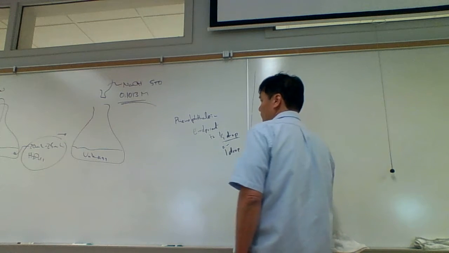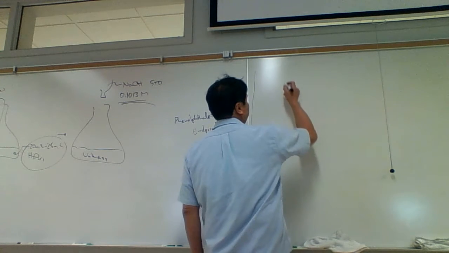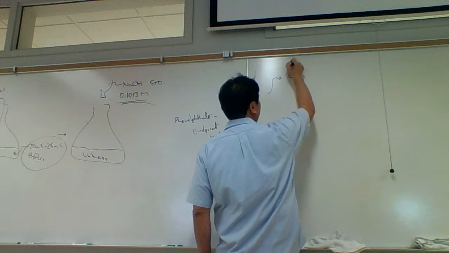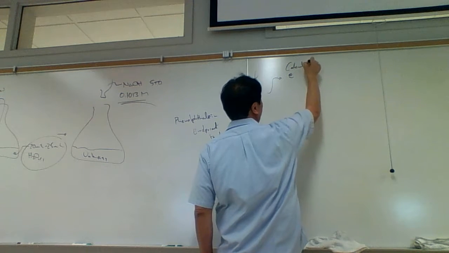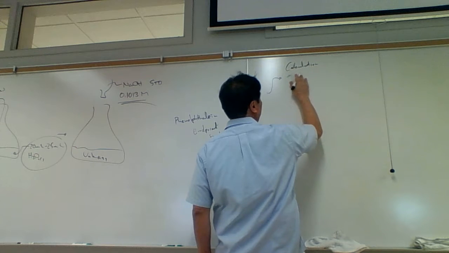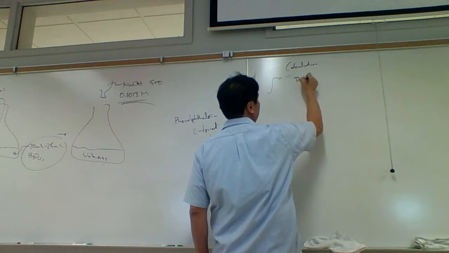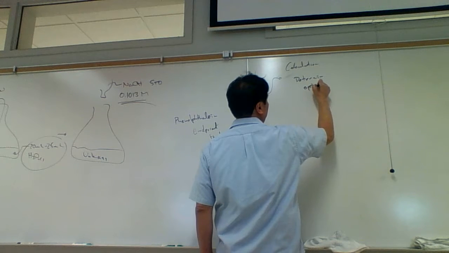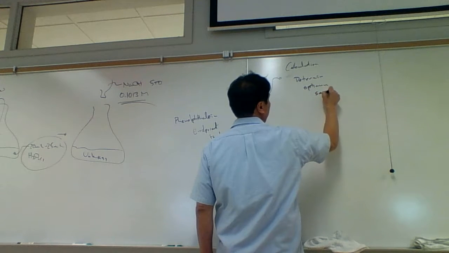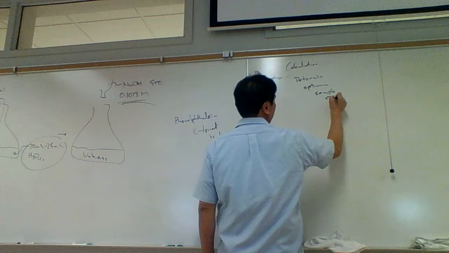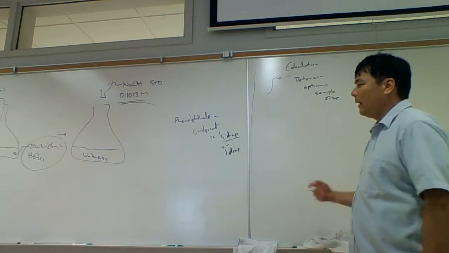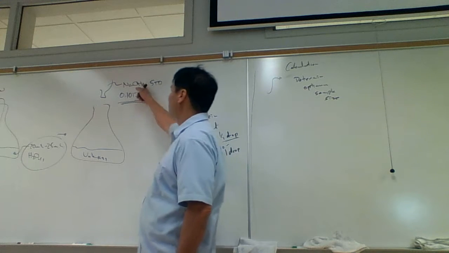All right, then we're going to use this data. We need to do a calculation next, and the calculation is to determine the optimum sample size. Ideally, how many mils of titrant should we use?